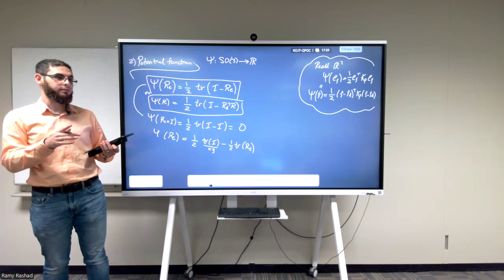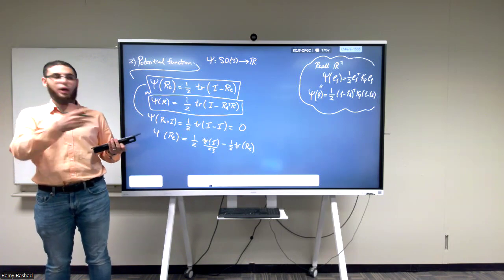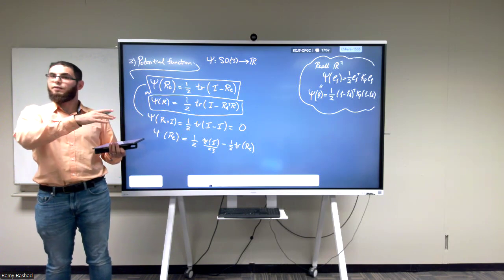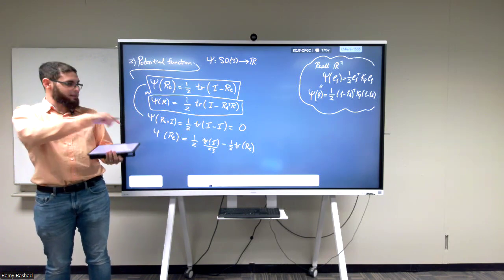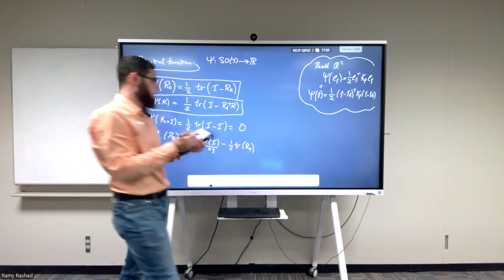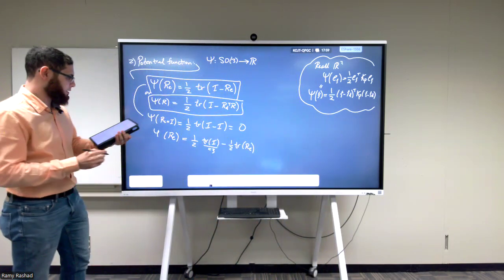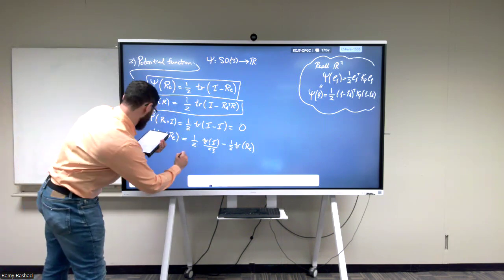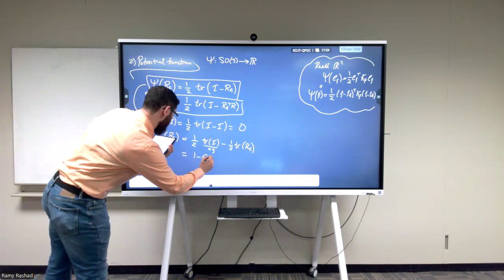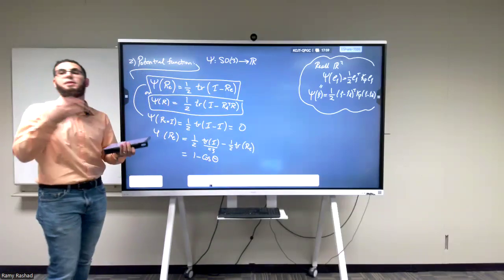The highest is 3, that's correct. The highest is 3 if this is the identity. But if it's not the identity, can we show nicely that it is bounded? Let's show this as a proof, as a small lemma. But first, we can rewrite this term as 1 minus cosine theta for some theta.